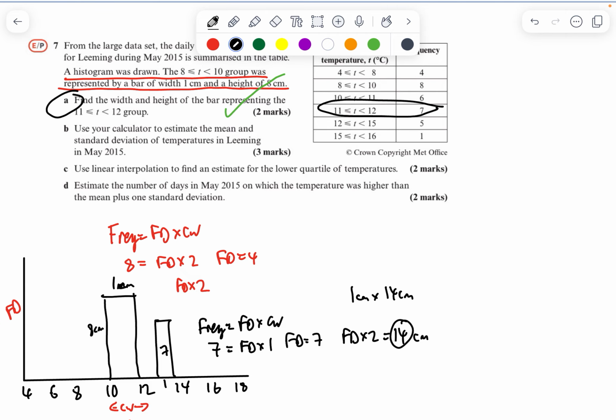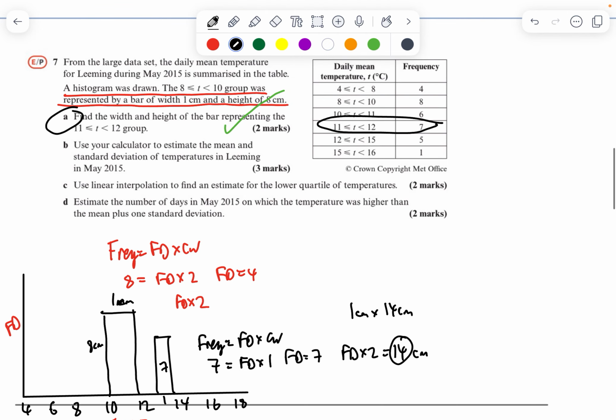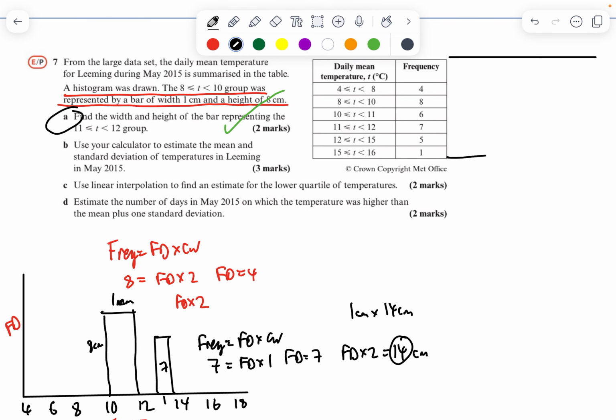Okay, now we're going to estimate the mean and standard deviation of temperatures in Liming in 2015. Okay, so let's use our table just like we did at GCSE. I'm going to extend this over here because we're going to need some extra bits of information.